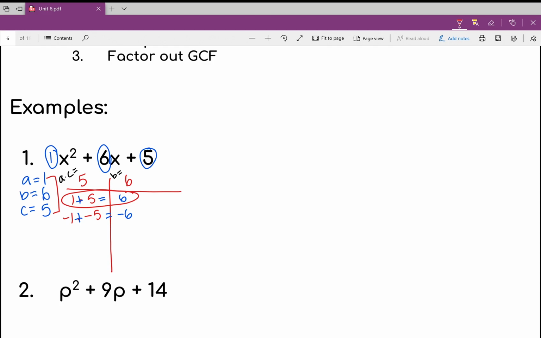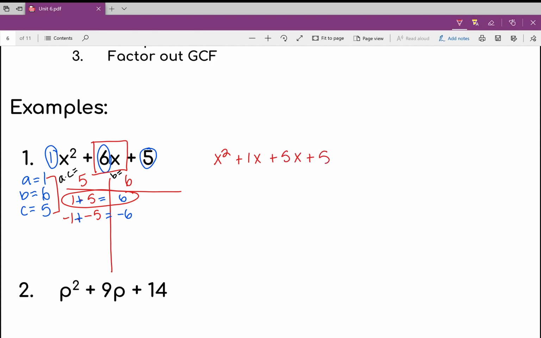We created our table. Our next step is to group them. Instead of writing 6x like we have here, we're going to split 6x apart and make it 1x plus 5x. So we have x squared plus 1x plus 5x plus 5.